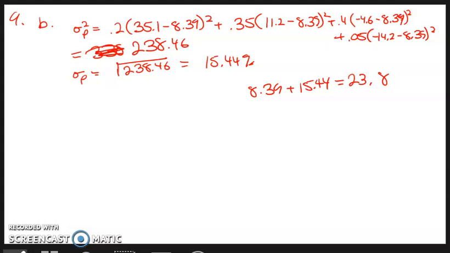And then 8.39 minus 15.44, we're going to rough it here. That's roughly around negative 7, somewhere in that neighborhood. But anyway, 68.5% of the observations should fall within that range. That's what the standard deviation is telling us.